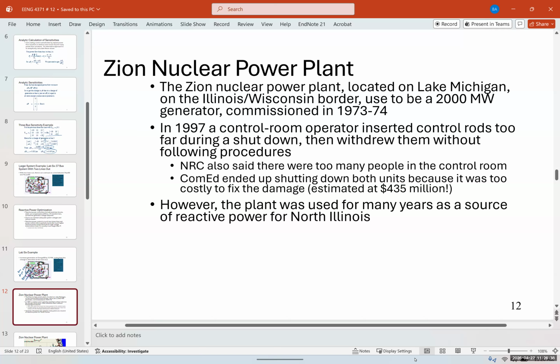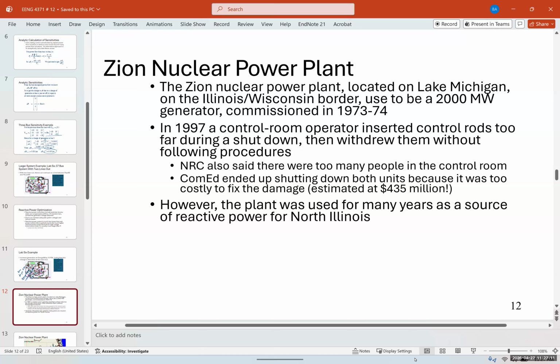The NRC cited too many people in the control room and improper procedure. The cost to fix the damage alone was estimated to be $435 million. And ComEd, the operator, decided it was cheaper to just permanently shut down the plant than to repair it. So you can see $435 million was lost.